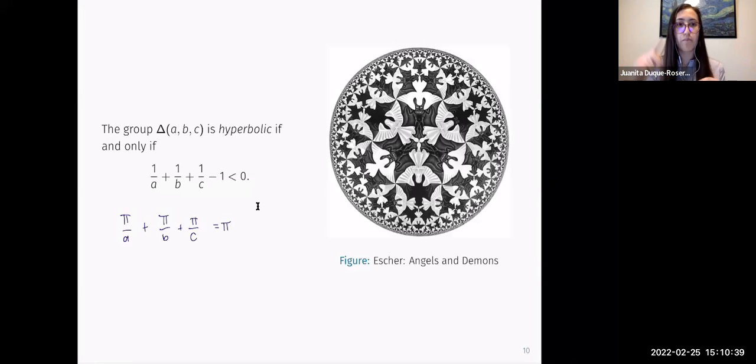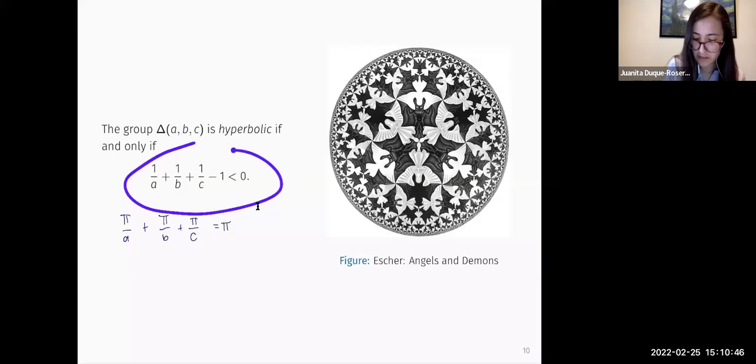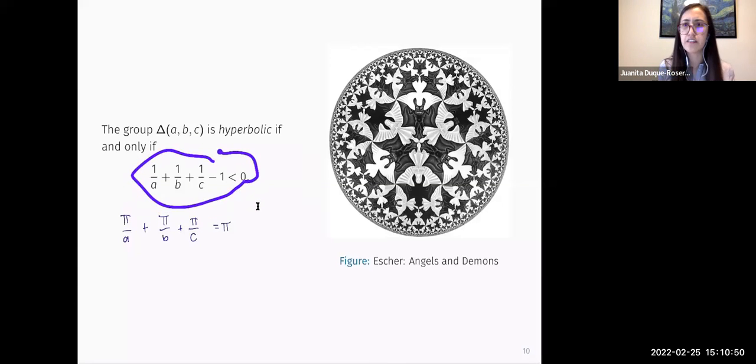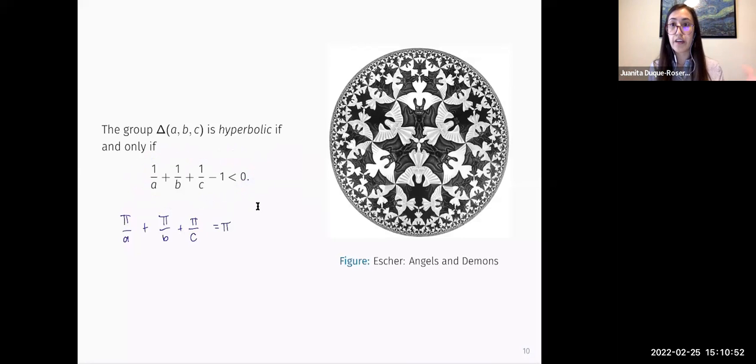So 1 over a plus 1 over b plus 1 over c is 1, and this quantity that we have here is 0. If this quantity is bigger than 0, you get a triangle that lives on the sphere. And being less than 0 means that your triangle lives in the hyperbolic plane.